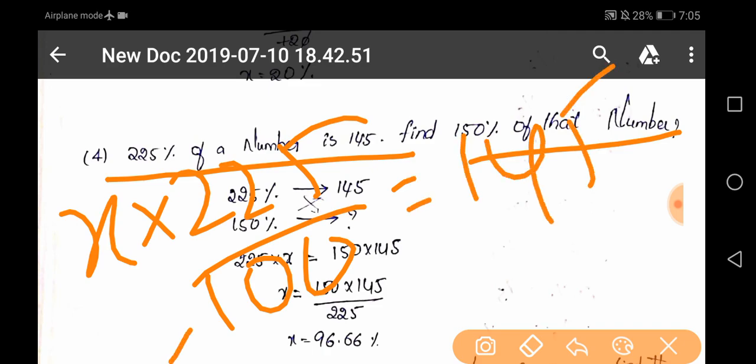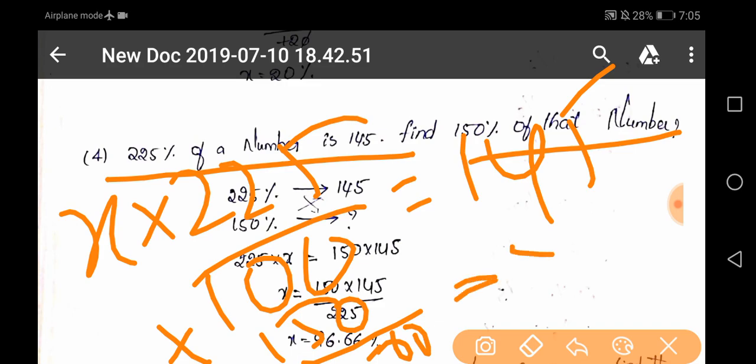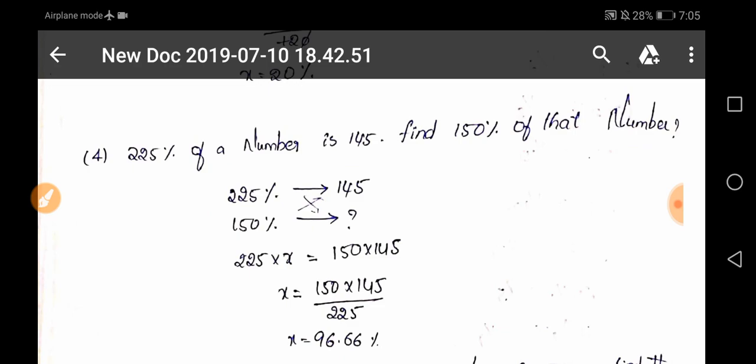So for that same number, 150% is how much they are asking? This is the question. See, I'll repeat it again. For example, some number is there, for that 225% is 145. So for that same number we have to find out 150%.